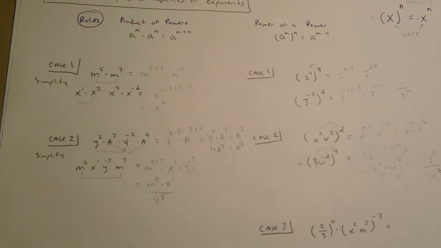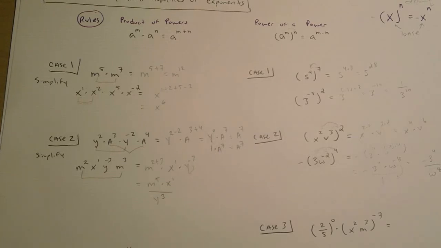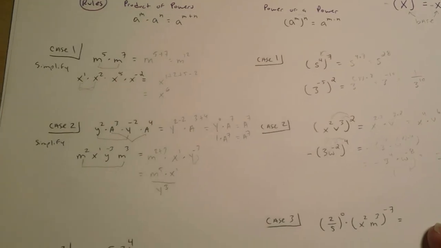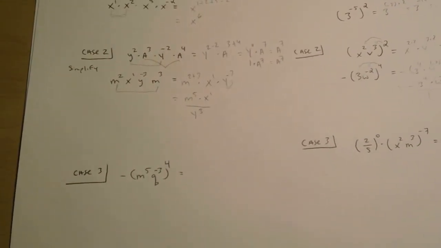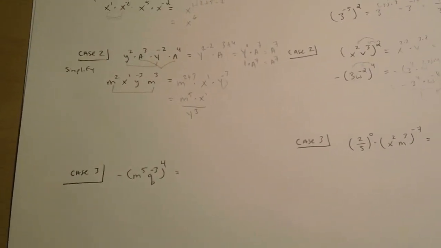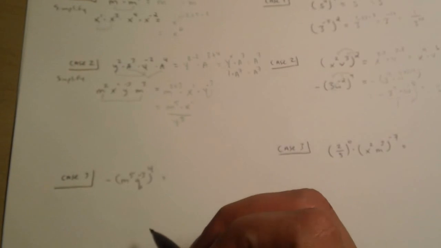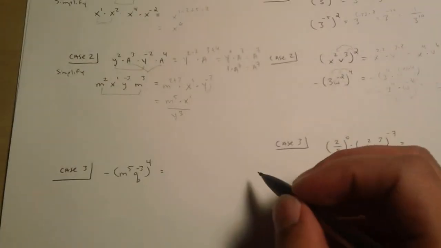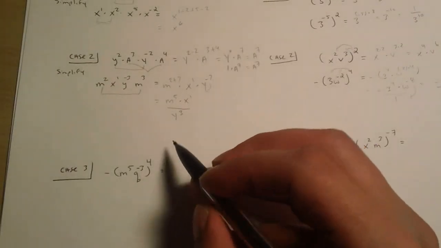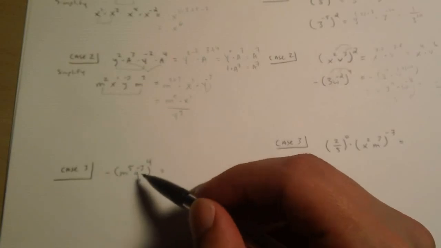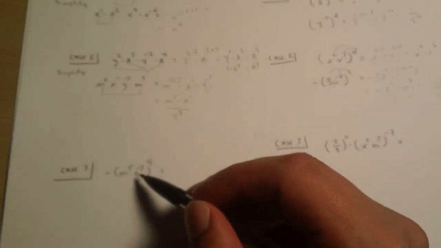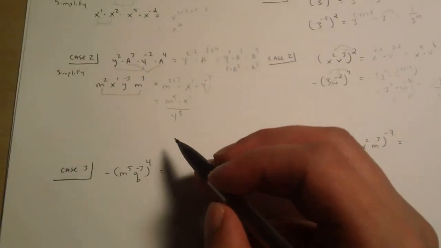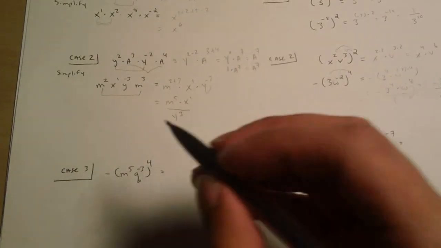Okay? So hopefully that was fairly simple for everybody to follow. And let's just get down to our case 3s. Now case 3s involve all these rules, and let's just start over on our left. So for case 3 we have negative m to the 5 times m to the q to the negative 3, raised to the power of 4.